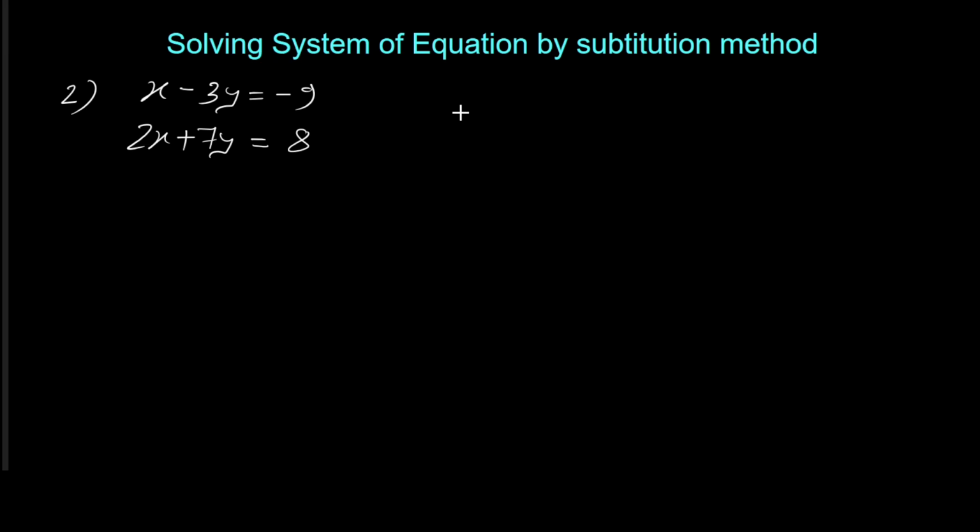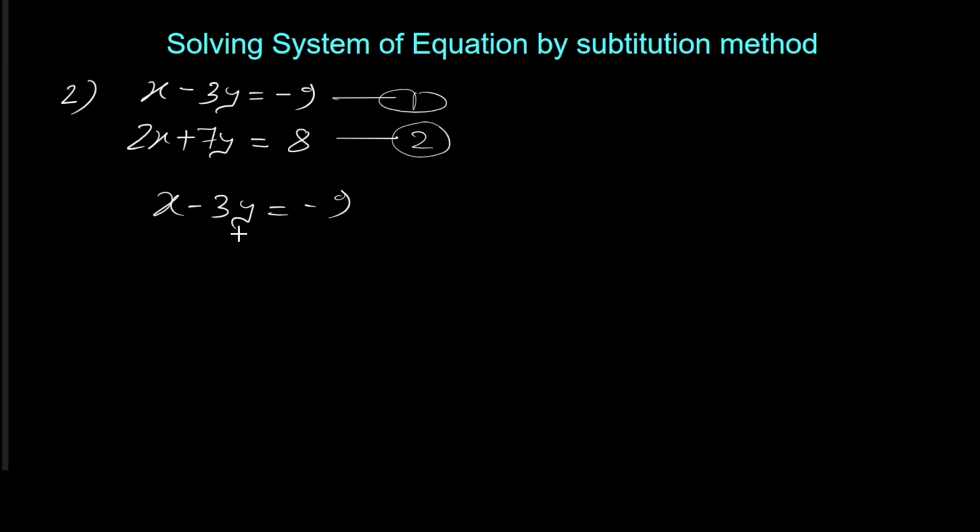It is best to choose a variable with a coefficient of 1 or negative 1. So here the coefficient of x is 1. So let's choose this equation. First I'm going to name these equations, equation number 1 and number 2. So I'm going to rewrite the first equation, which is x minus 3y equals negative 9.